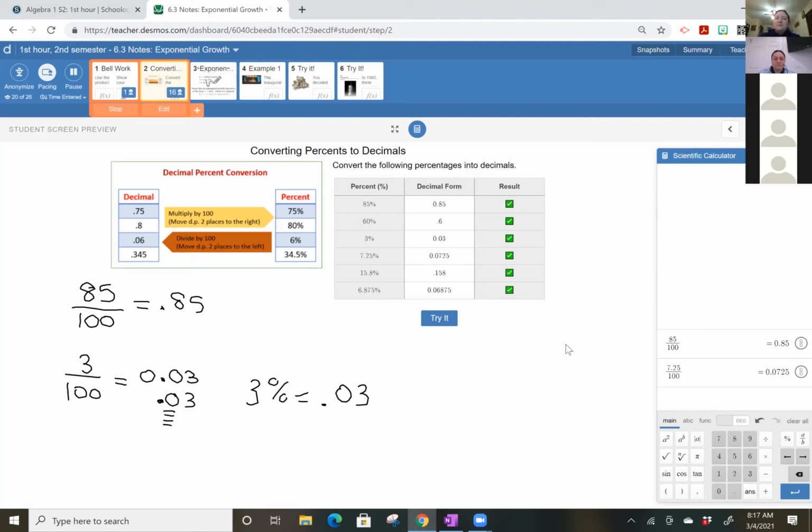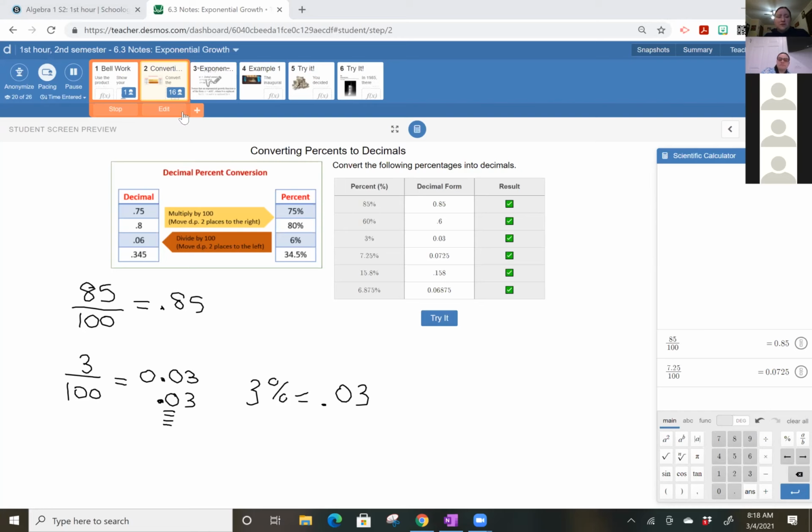All right, any specific questions on slide number 2? All right, so some of you may be wondering, well, why are we dealing with decimals? Why do we need to convert from a percentage? We are moving on to truly talk about exponential growth and truly talk about exponential decay, which today will be our increasing values.